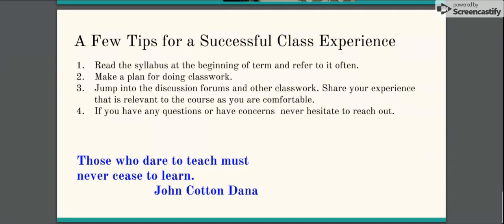Now I'm going to end with just a few tips to help you have the most successful class experience you can. If you go into the Getting Started area, you will also find a couple of articles that give some tips as well. And these are nothing earth-shattering, and they just serve as a reminder.